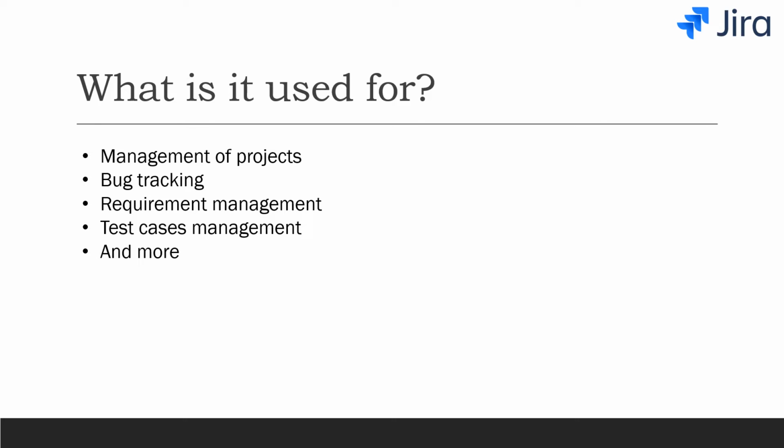But it can be used for bug tracking too, when there are errors or bugs found in the quality process. It can be used for requirement management in the very beginning of a project, and it can be used in the quality process because it allows test case management, and it has many more options that you can discover later.